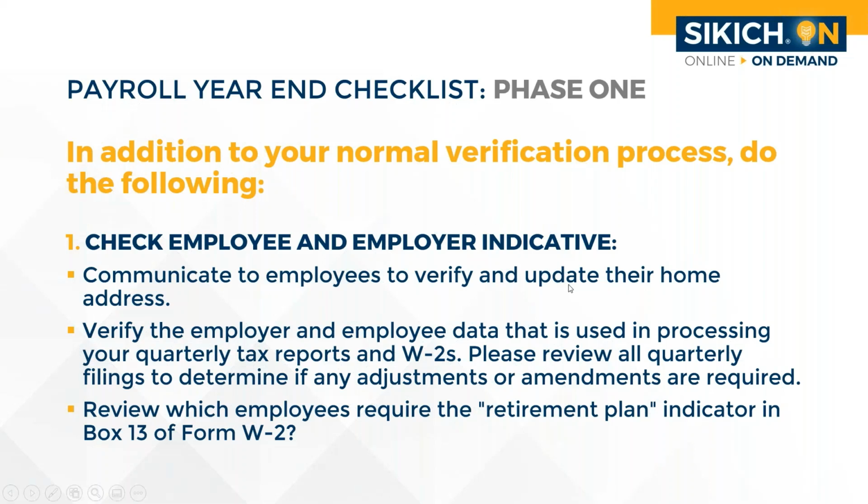Then the third thing with the indicative data is review the employees that are going to require the pension indicator box to be checked. And as you know, whether the person participates in the plan or not, if they're eligible in accordance with your ERISA plan, with your individual plan, whether they participate or not, that box needs to get checked off.